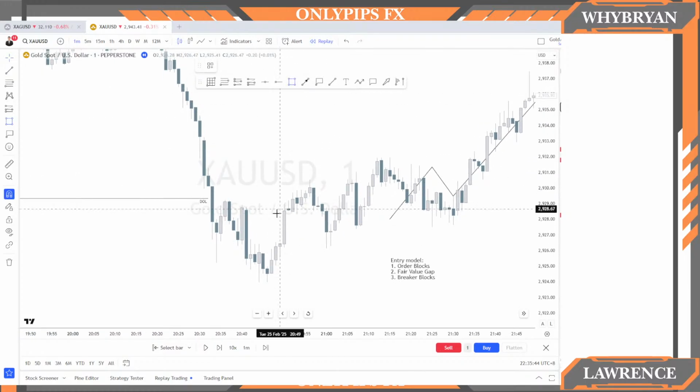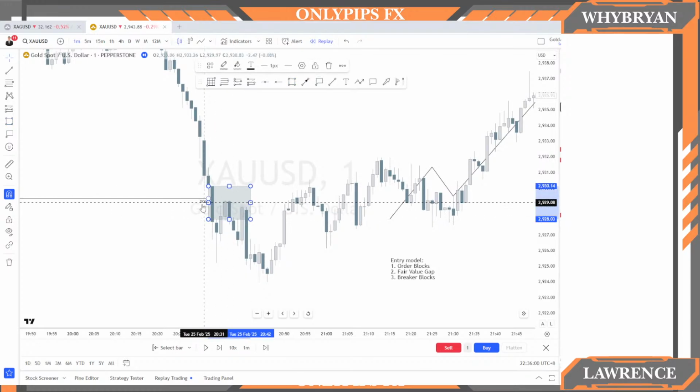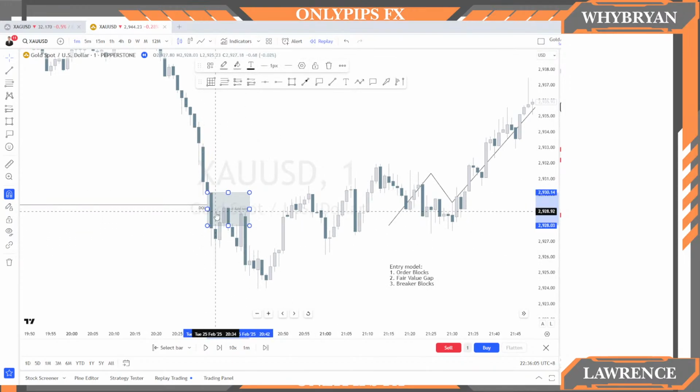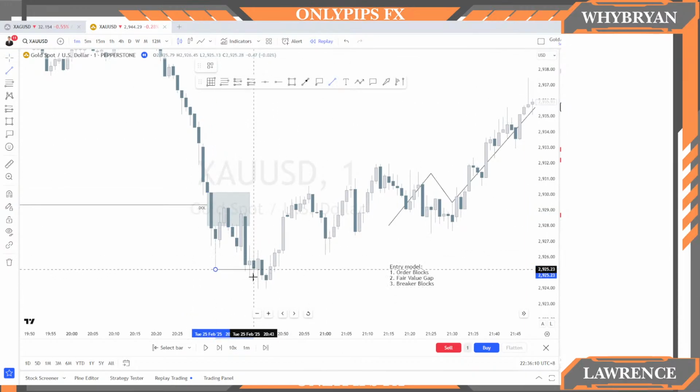How do we identify the reversal? From the 1 minute time frame, after taking out this drawn liquidity, we did not find any clear sign of a reversal from this range. It looks like a bearish continuation, a break off right here, but eventually the price just swept.